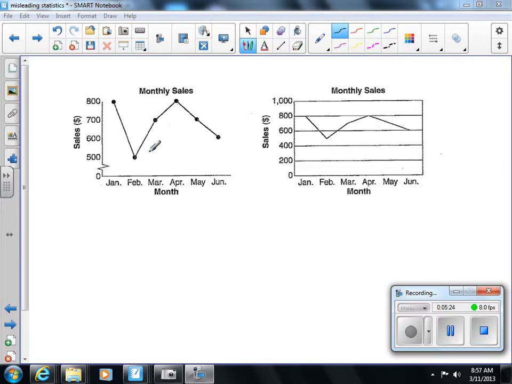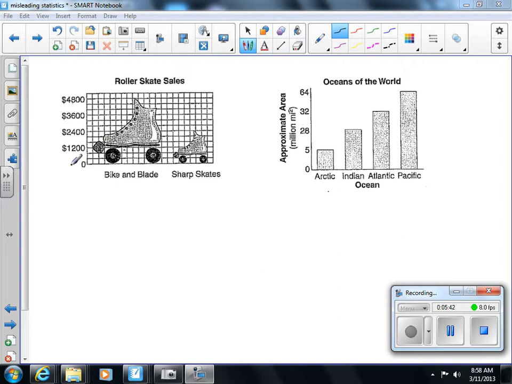But if I'm a salesperson and I'm wanting to convince you of something, and that's something they do sometimes, they make breaks in the graphs to try to make the data look like they want it to look in order to persuade you in some way or the other. So you have to be careful. Okay, let's take a look then at this one, the roller skating sales.